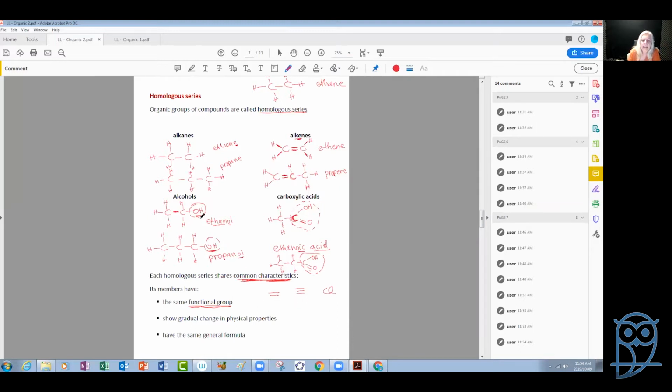It could be the hydroxy group that we have here, or it could have been this group that we meet in the carboxylic acid. So any of these items that is there in the molecule and it characterizes the series, we call it the functional group because it determines the properties of the molecules of this particular homologous series.